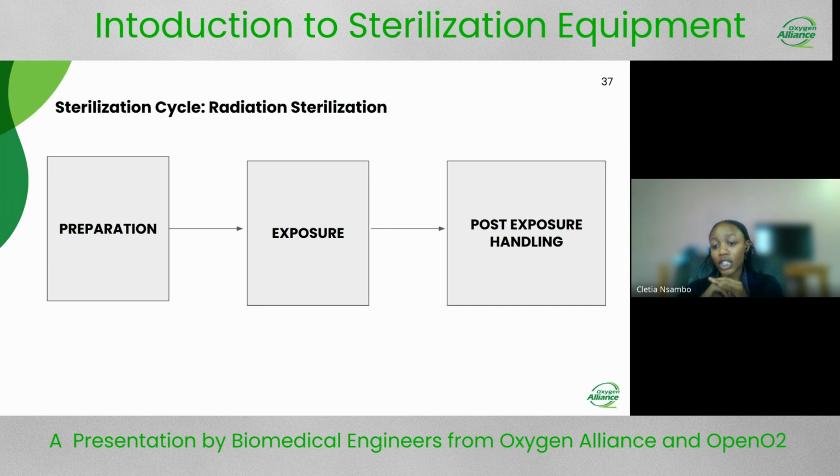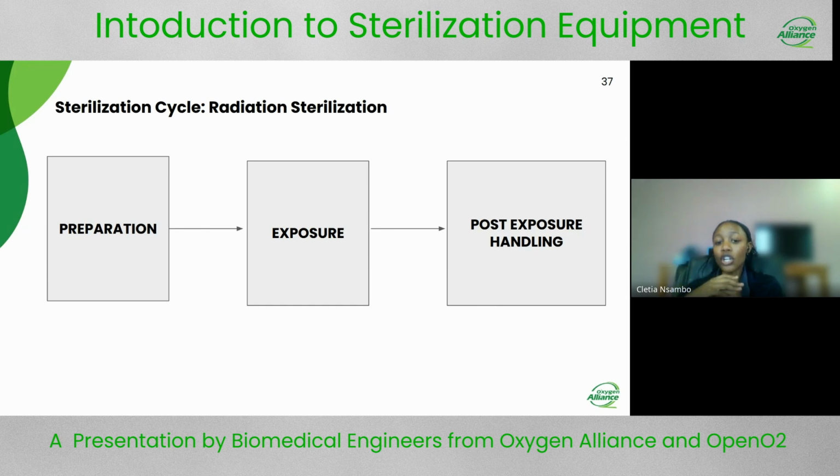After you have exposed your items or products that need to be sterilized to the radiation, you now have to know how to handle these products because they were just exposed to radiation.